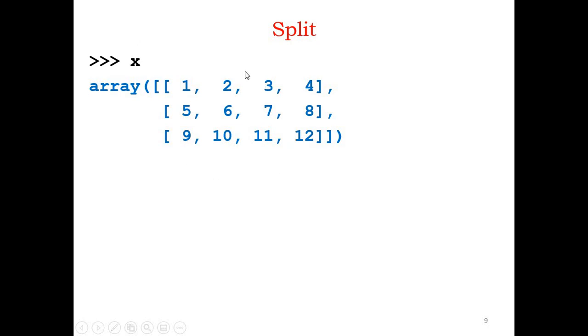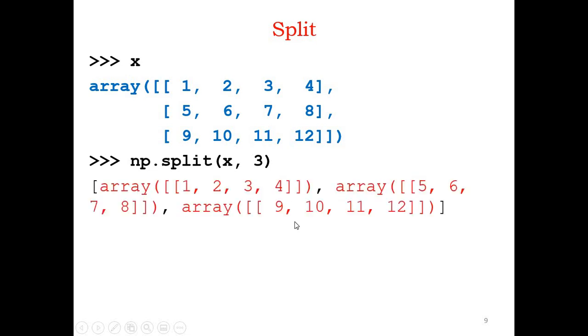Okay, now we want to split. What is split? Suppose this is a 2D array again, 1 2 3 4 and so on, some 3 by 4 matrix. You want to split this. So split is the method np.split. Inside that you write x comma 3. That means it actually makes it 3 pieces.